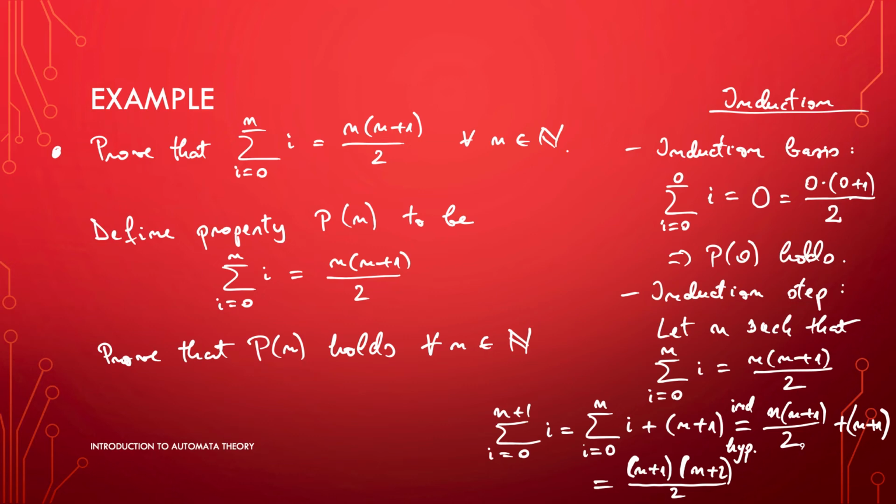So in other words, this implies that P of n plus 1 holds. That's exactly what the induction step was aiming to do: assume that P of n holds and prove that P of n plus 1 holds, and that's exactly what we did.